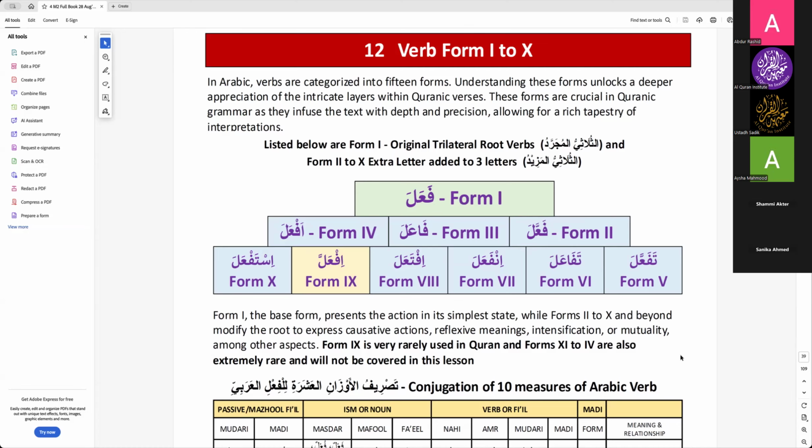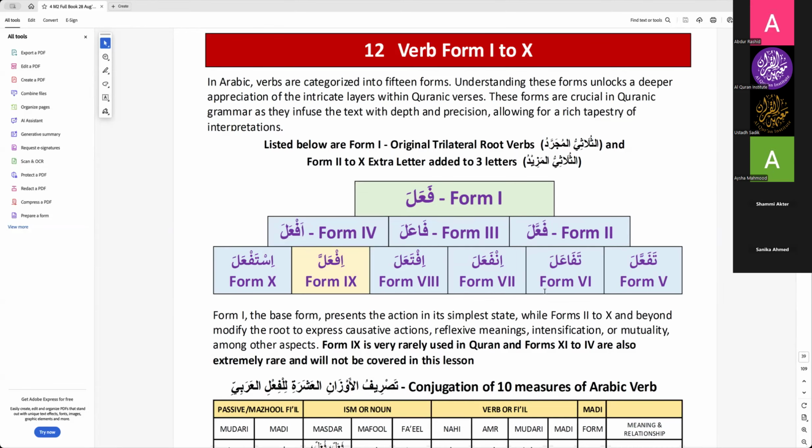It's a mouthful, but in layman terms, we need to learn 10 forms from 1 to 10. And in total, there are 15 forms. But we will not be touching on the others, just concentrate on form 1 to 10.